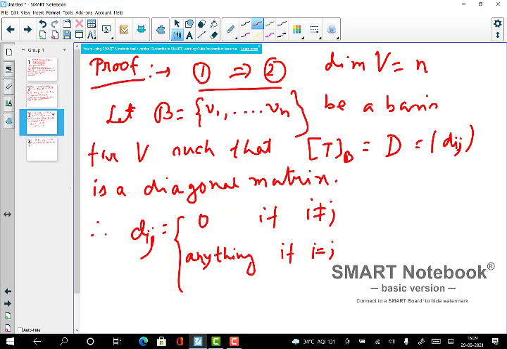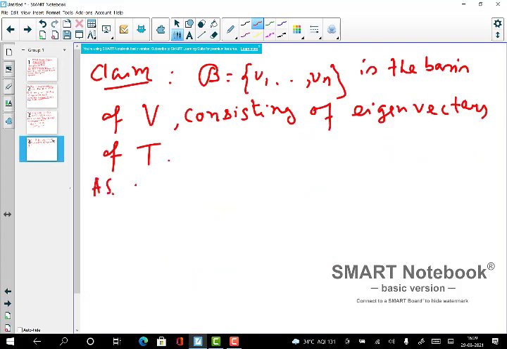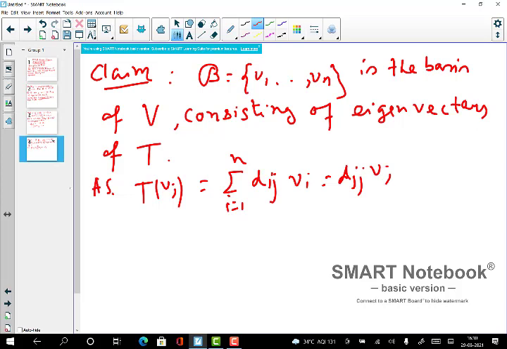T of vj equals the summation over i from 1 to n of D_ij vi, because this is the matrix representation with respect to the basis B. But we know that unless i equals j, the entry vanishes. So T of vj equals djj vj, and this is true for all j equal to 1, 2, 3 and so on.